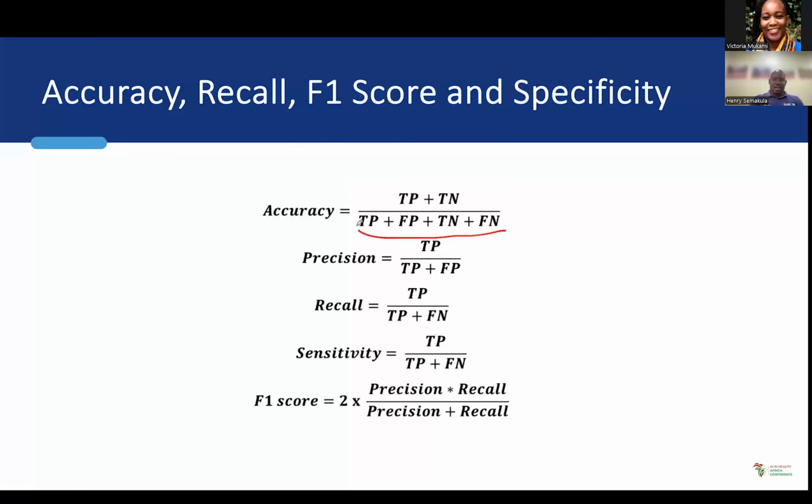With this formula, you can get accuracy from the confusion matrix. That's why I said much of the focus should be on understanding the four terms: true positives, true negatives, false positives, and false negatives.